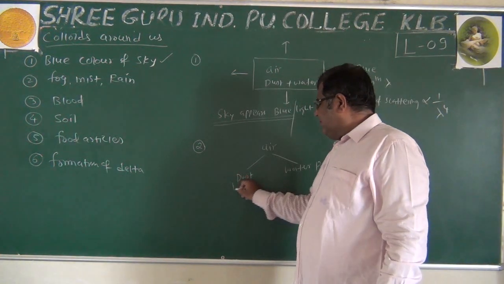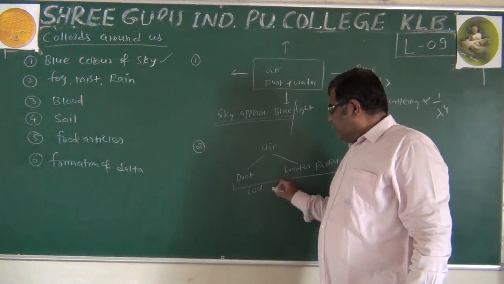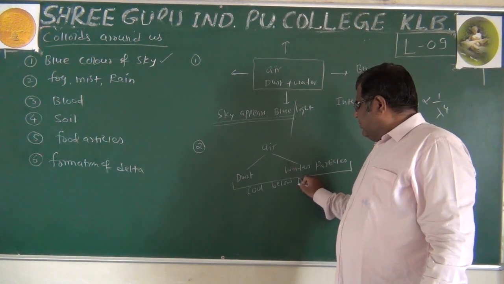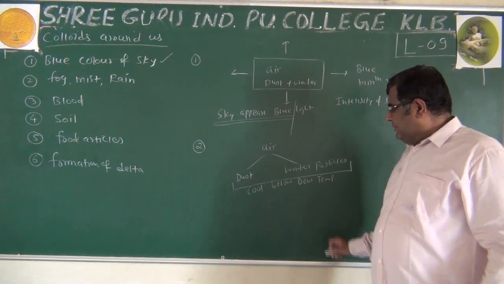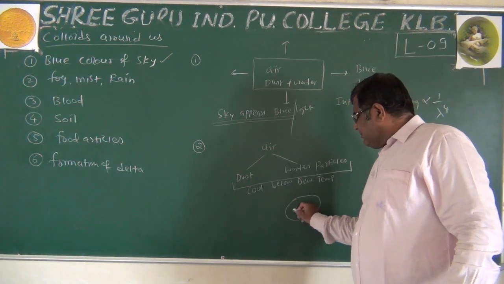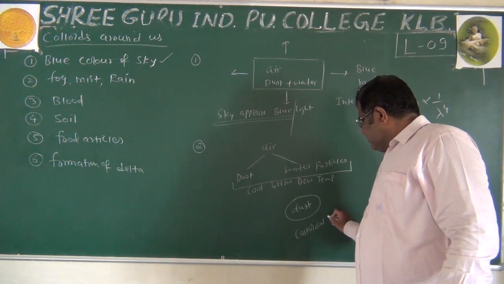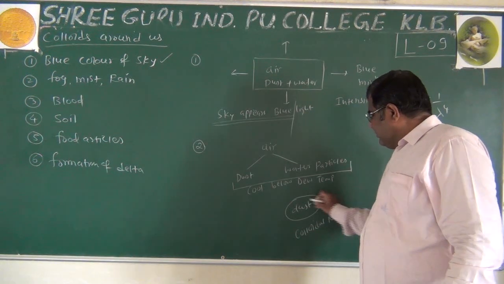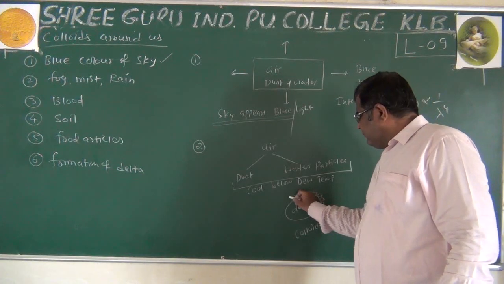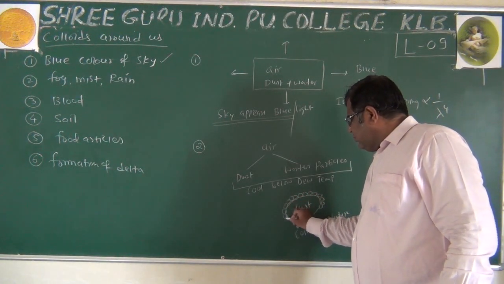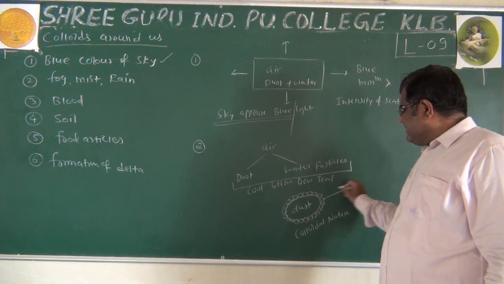If we allow this to cool below dew temperature, with formation of dew, water droplets, there is a possibility that these dust particles, which have colloidal nature, have accumulation of the water droplet over them from all sides.